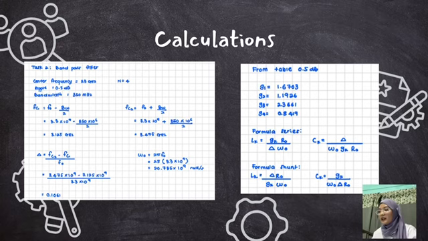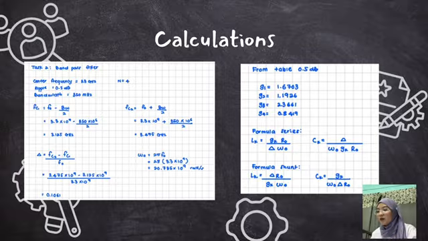For the bandpass filter calculation, FC1 equal to 3.125 GHz, FC2 equal to 3.475 GHz, delta equal to 0.1061, and omega naught equal to 20.735 times 10 to the power of 9 radian per second. From the table, 0.5 dB, G1 equal to 1.6703, G2 equal to 1.1926, G3 equal to 2.3661, and G4 equal to 0.8.